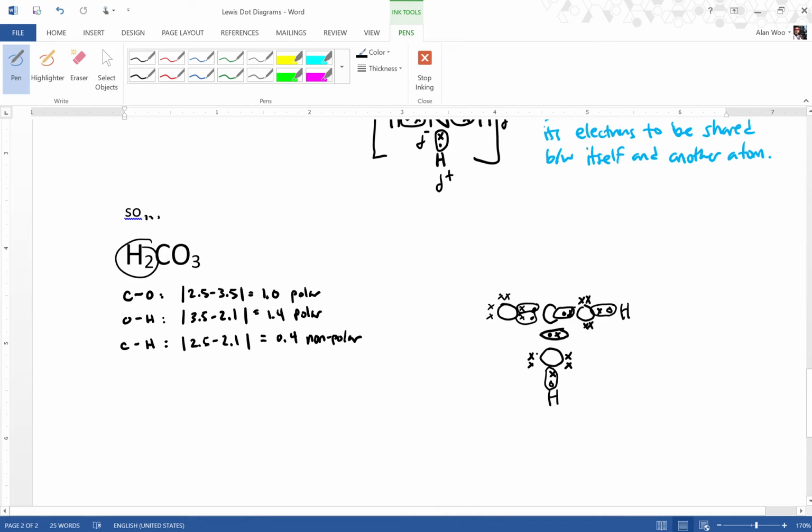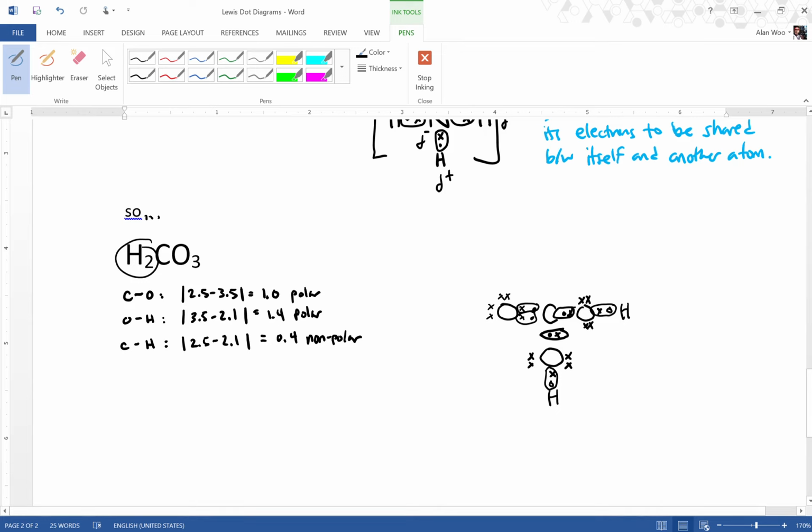So the oxygens are fine now because they all have 8 electrons surrounding them, and so does this oxygen. Hydrogen only needs 2 electrons to complete its shell, so they're satisfied as well. The only one that we have to check is carbon. Carbon has 2, 4, 6, 8. So 4 pairs of electrons, 8 electrons in total.